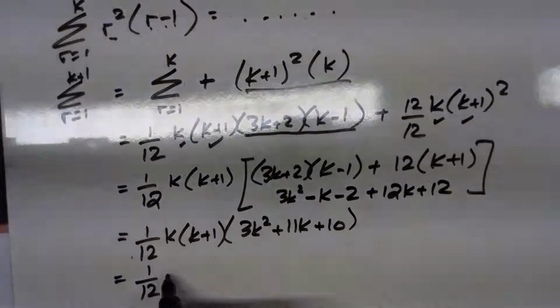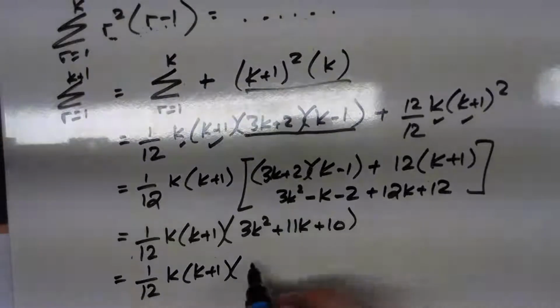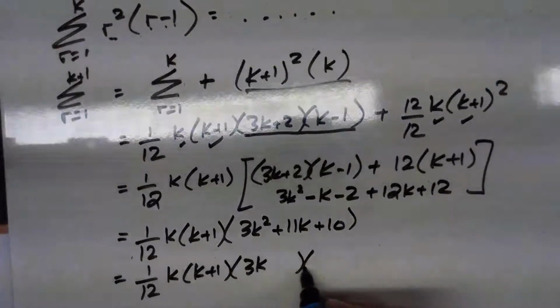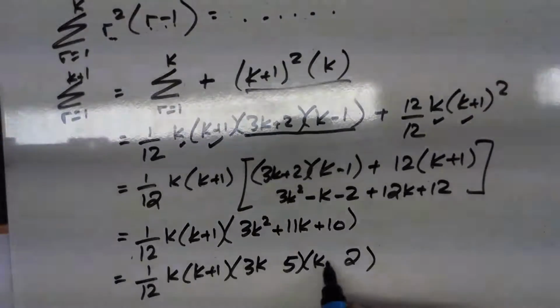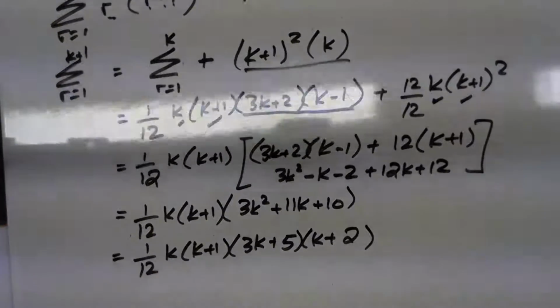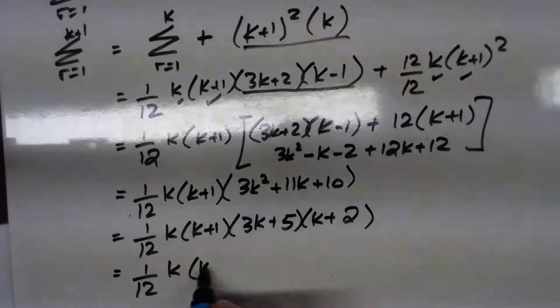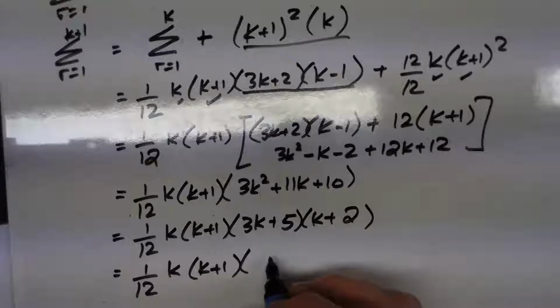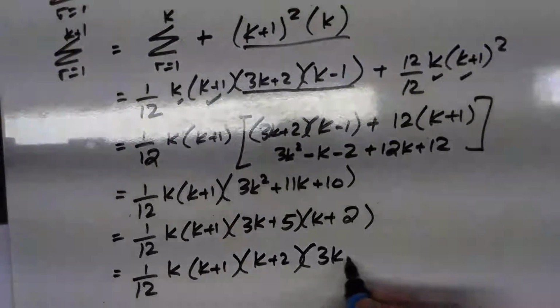That is almost certainly going to factorize, and it's going to factorize into 3k and k. We're going to get a 5 and a 2. They're both going to be positive, and so my answer here is I've got 12k, k plus 1, k plus 2, 3k plus 5.